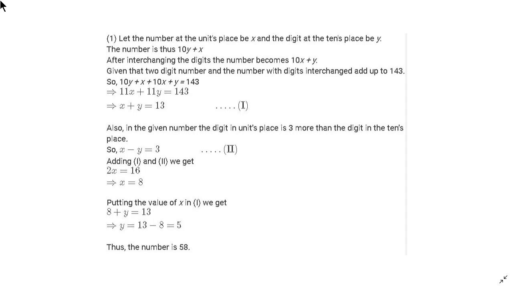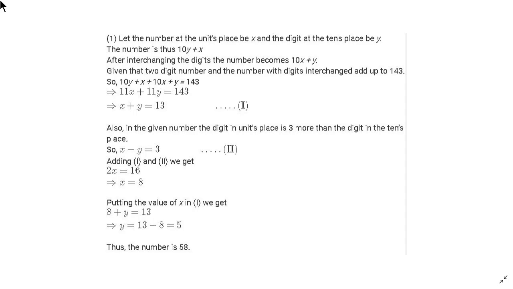Suppose the number is 10, the second number will be 01. In this case, a two digit number and the number with digits interchanged add up to 143. In the given number, the digit in the unit place is 3 more than the digit in the tens place. Find the original number.